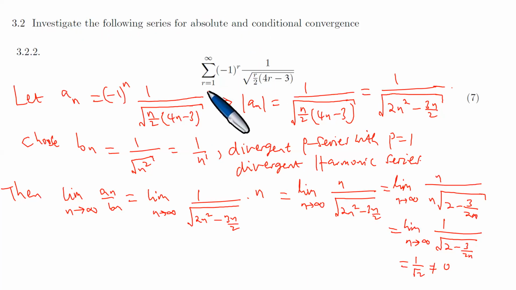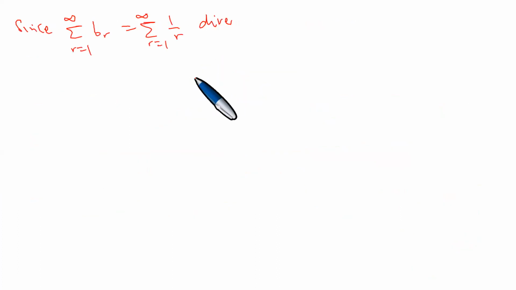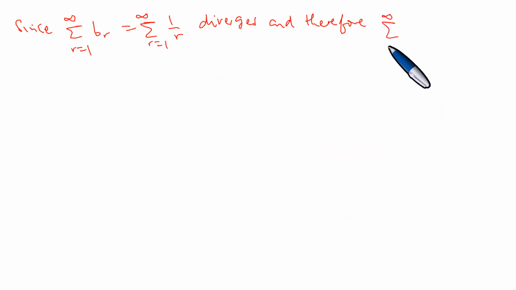Yes, it's from 1 here, r equals 1 to infinity. Right, since this one now diverges, and therefore the series minus 1.